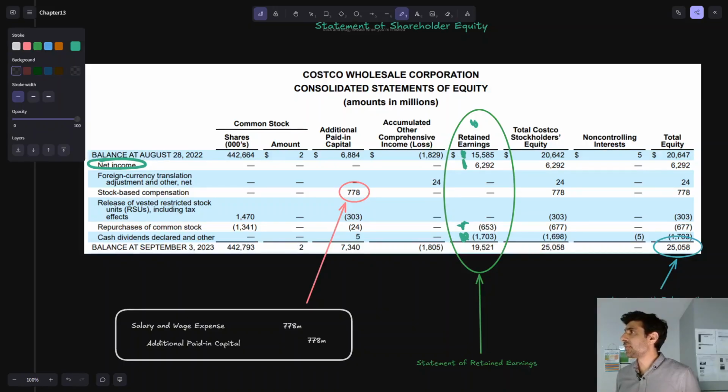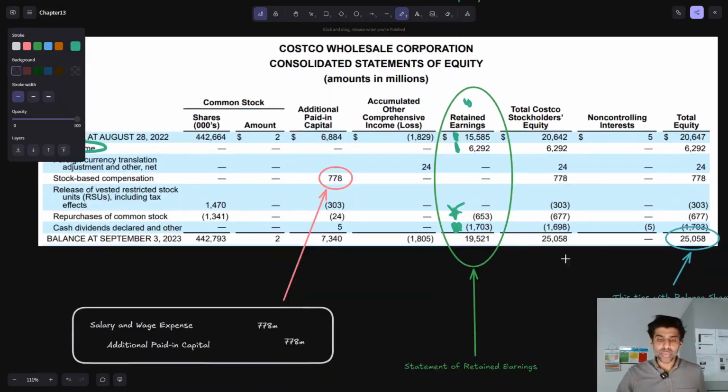Okay, is everyone seeing this? So you have cash dividends, which is this 1.7 billion, and then they bought back stock, 653 million. These are both reductions in retained earnings. But you can see here they earned quite a bit. This is Costco.